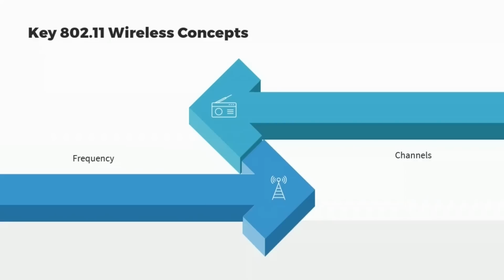Plus, if your environment still has some older devices in use, they may not support the 5 gigahertz band at all. So, like most things, it will depend on the situation. But in general, if you want speed, then certainly go with 5 gigahertz. But if you need better range with legacy support, then go with 2.4 gigahertz.